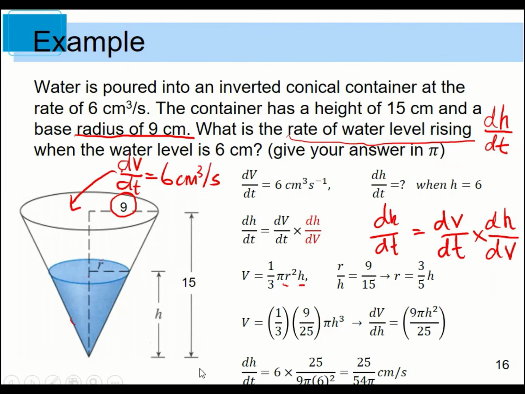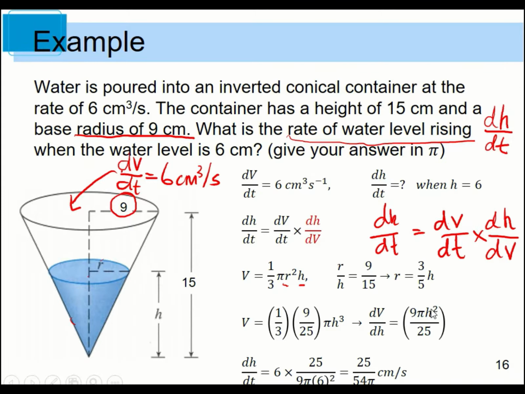Therefore, dh/dt is equivalent to 6, this is dV/dt, 6. Substitute here, and dh/dV, which is the inverse of this, 25 on top, 9π h squared in the denominator, and h is actually 6 cm.